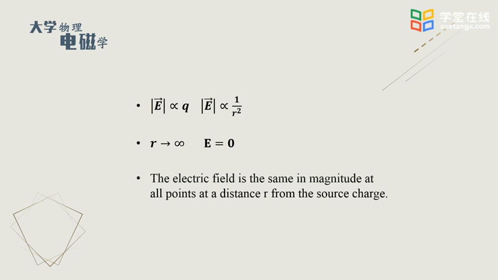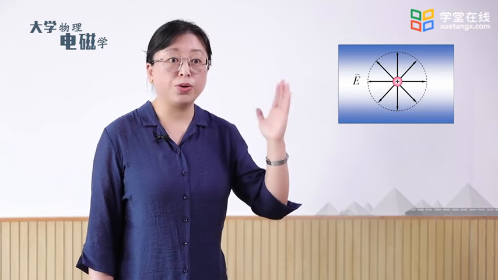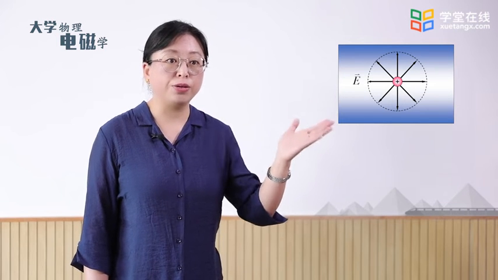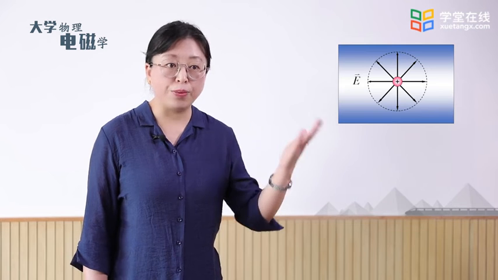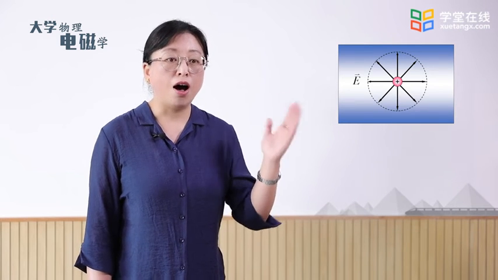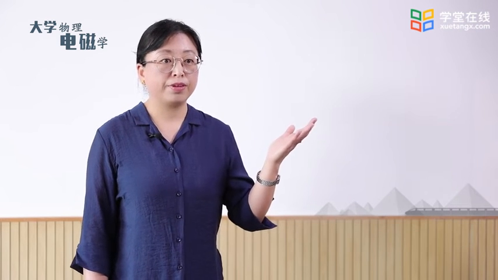This equation also indicates that the electric field is the same in magnitude at all points at a distance r from the source charge. Consider a spherical surface with radius r concentric with the source charge. The magnitudes of the fields everywhere on this spherical surface are identical.